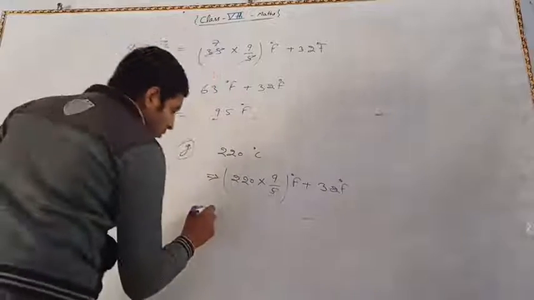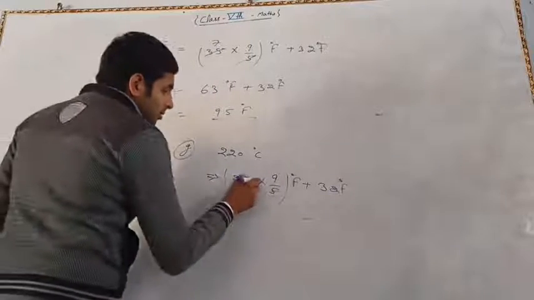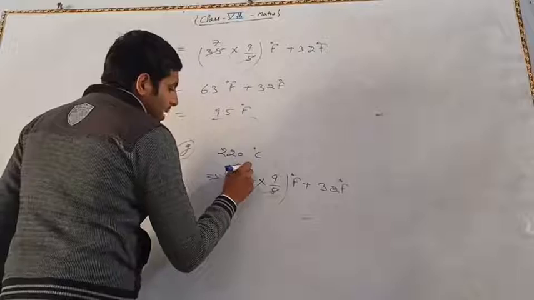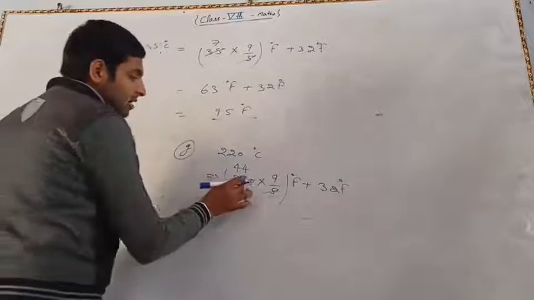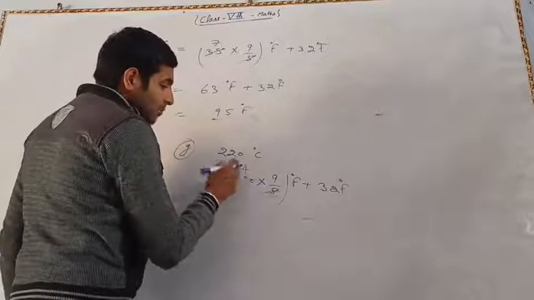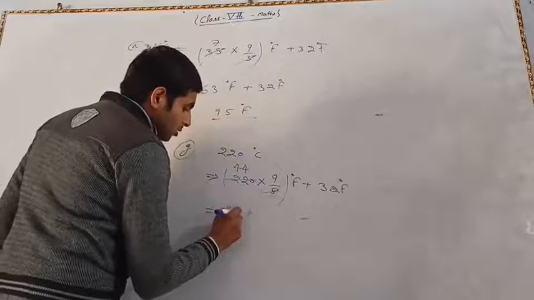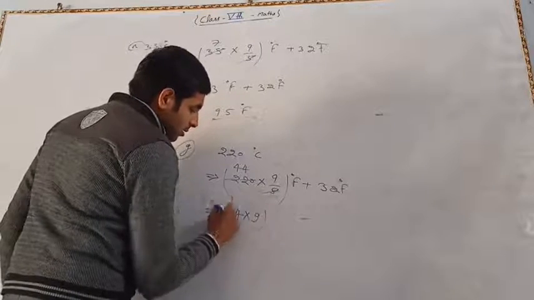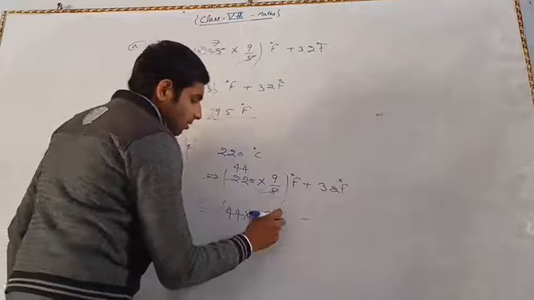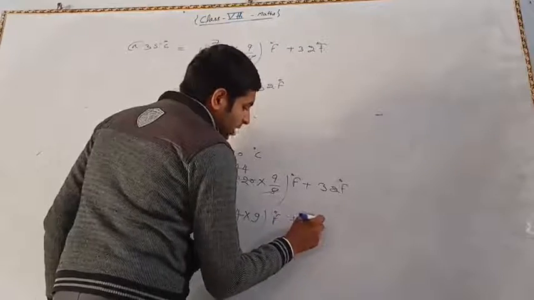Okay. So from here we get 5 4s are 20, then remaining 2 and 0, 5 4s are 20. Then 44 into 9 degree Fahrenheit plus 32 degree Fahrenheit you have to add.